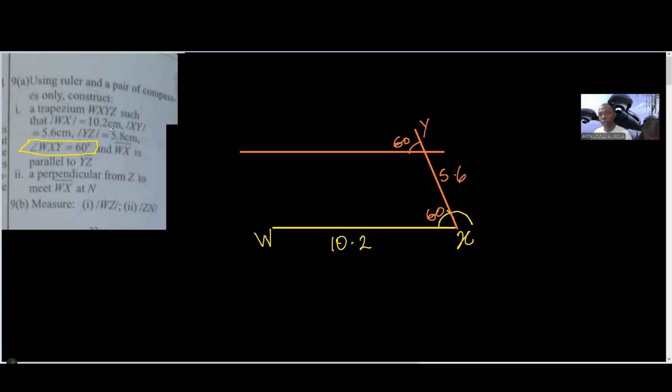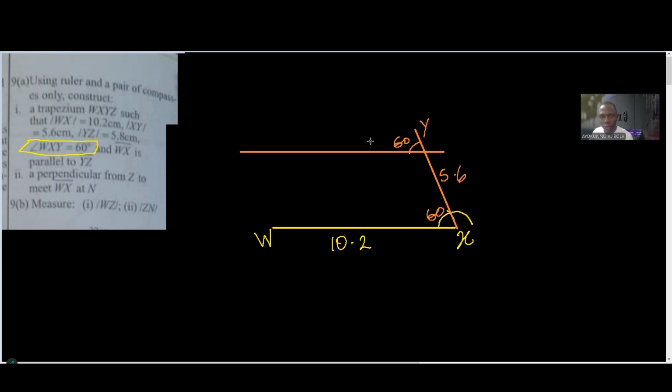So we now have Z anywhere along this line, but we don't know where Z is going to be. To know where Z will be, we use YZ, which is 5.8. Let me check whether we've been given WZ. WZ has not been given.